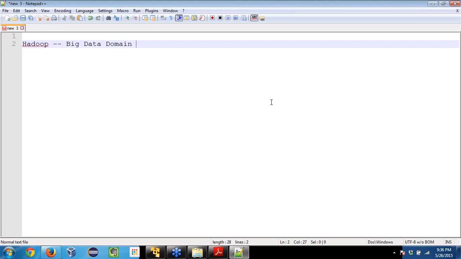So what makes Hadoop one of the most important frameworks in the market today? That is the answer we need to understand first, even before understanding when to use Hadoop or when not to use it. How did Hadoop become such an important part of the big data domain today?